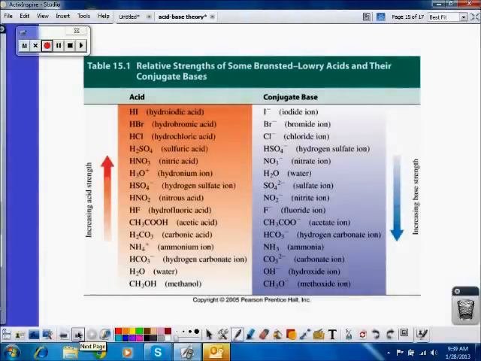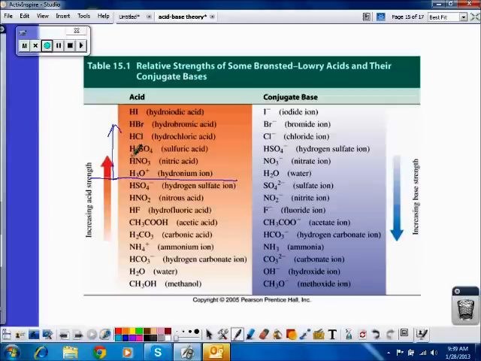So here's table 15.1, relative strength of acid base. And if you look, these are your strong acids right here. Now one thing I want to point out is that remember when we look at Bronsted-Lowry, we're looking at the transfer of a single proton.